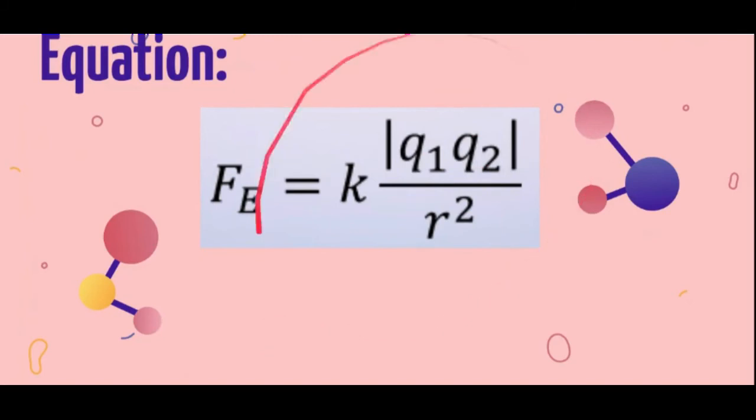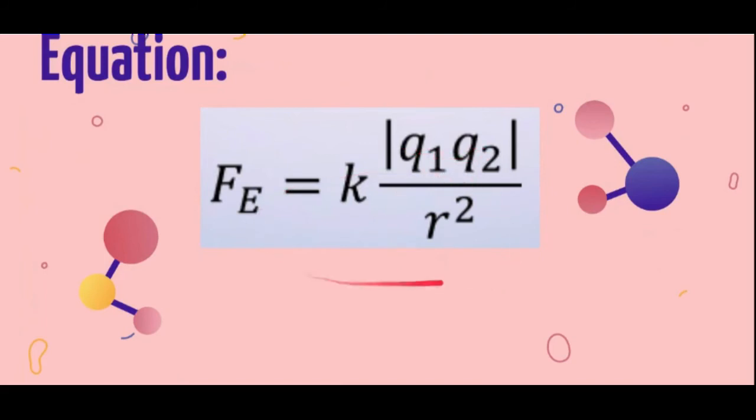Coulomb's law is always between two charges or two charged objects. In proportion, the electrostatic force is directly proportional to the product of the two charges, and inversely proportional to the square of the distance between these two charges.